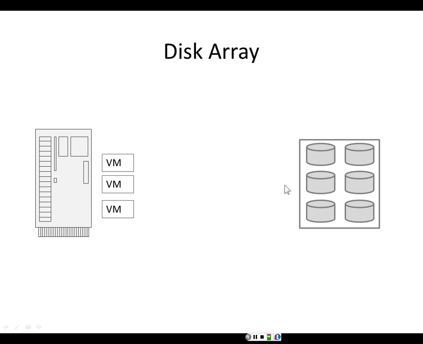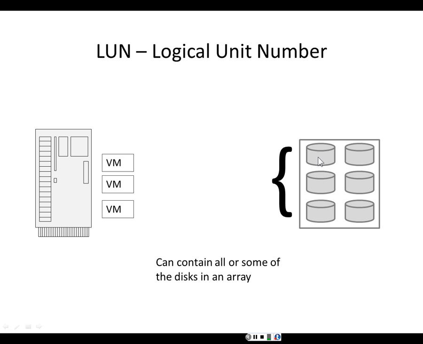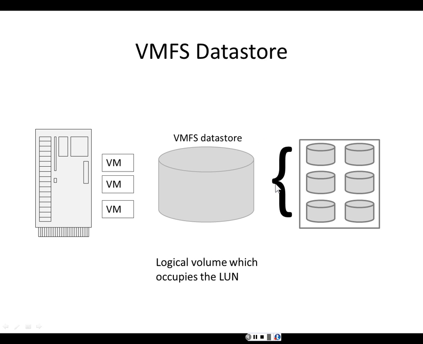Here is our disk array. And on the disk array is a LUN, a logical unit number. A LUN is a container that contains all or some of the disks in the disk array. A LUN is created on the disk array. A VMFS data store is a logical volume which occupies the LUN.